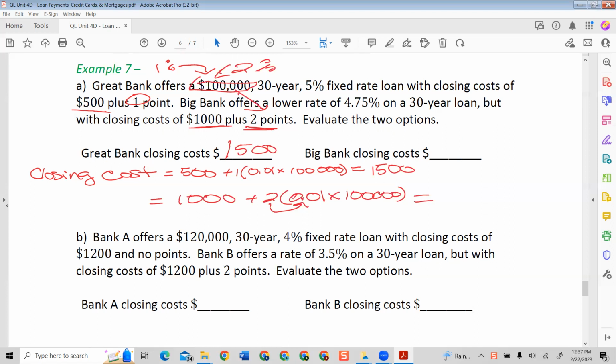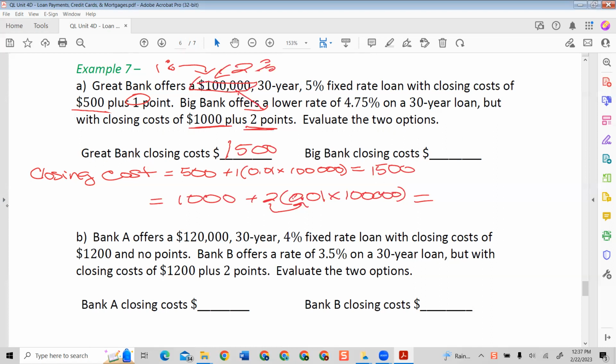So what do we get now? So I got 1,000. Sorry, I jumped the gun. 1,000 times 2 times 0.01 times that 100,000. And let's double check again.